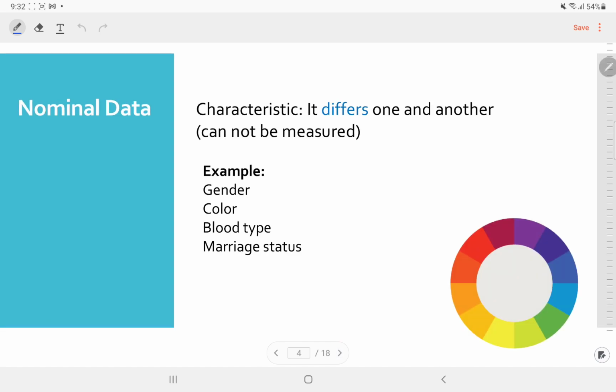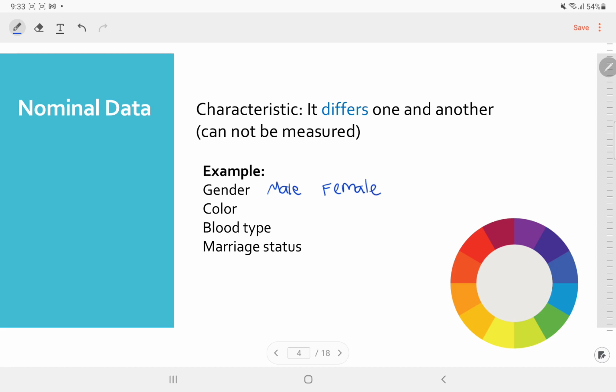So the first one is nominal data. You should know that this kind of data has a characteristic that it can differ one from another, but it cannot be measured. Okay, for example, gender. We have male and female.